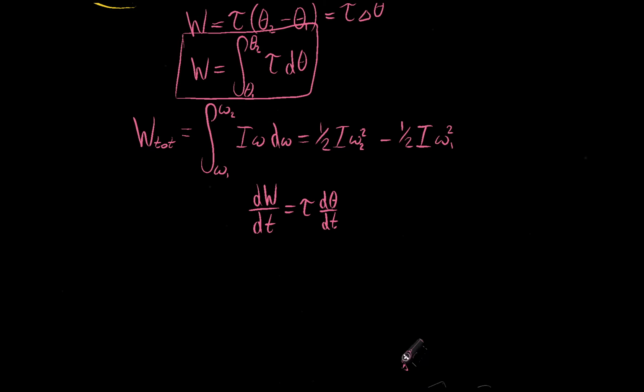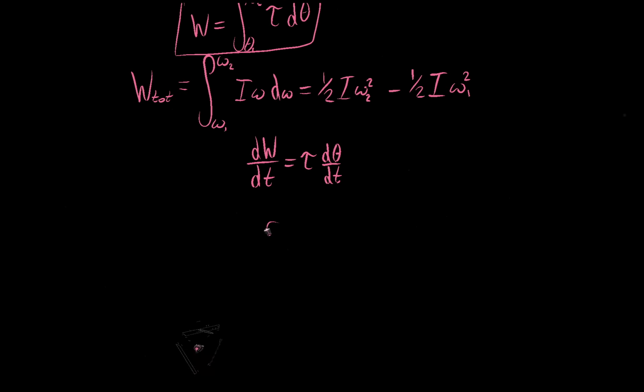There it is. The time derivative of work is known as power. This is the same term, power. And the time derivative of the angular position is angular velocity. Right? So we can just write torque omega. And this is power in the rotational world.